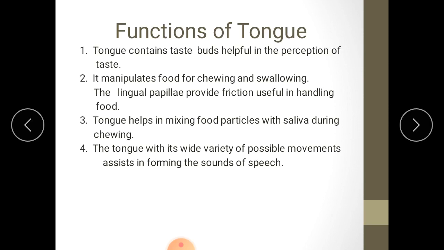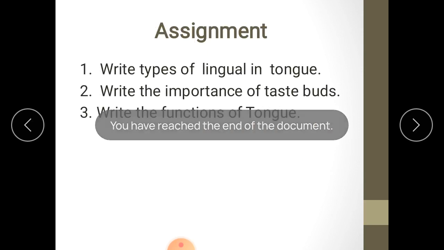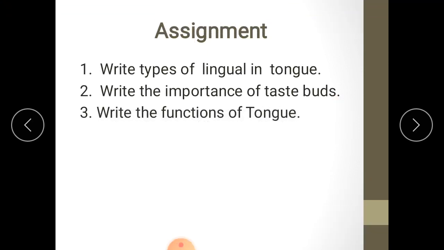Now let us come to the end of the topic, the assignments part. There are 3 assignments.